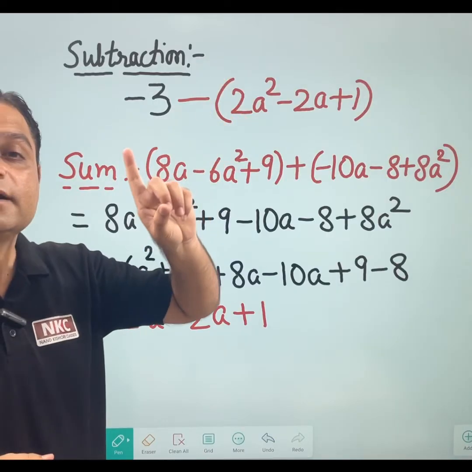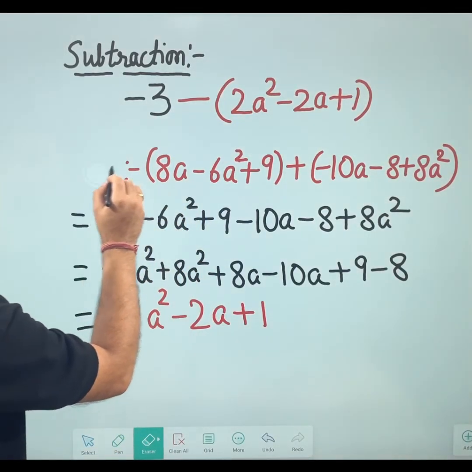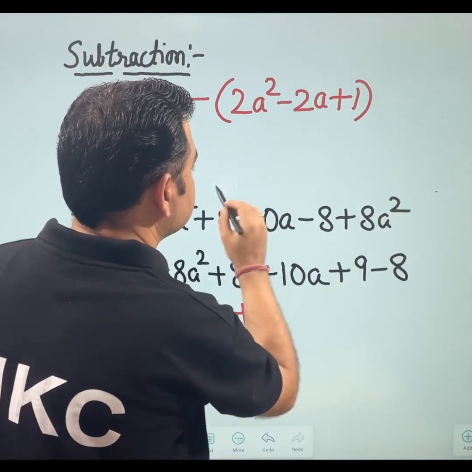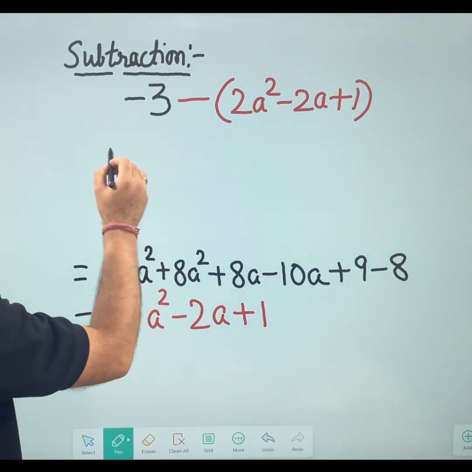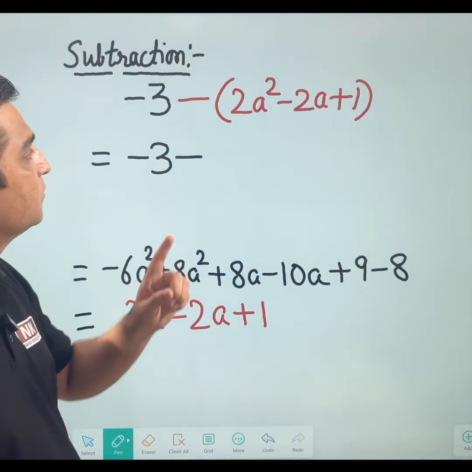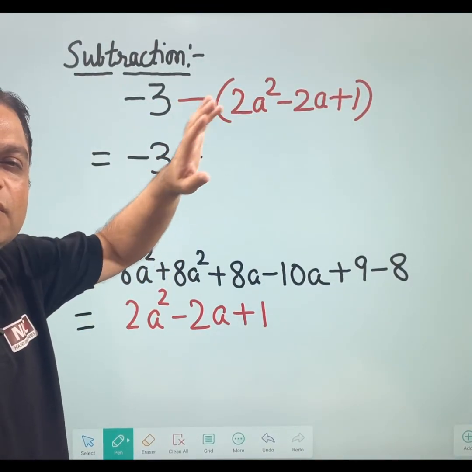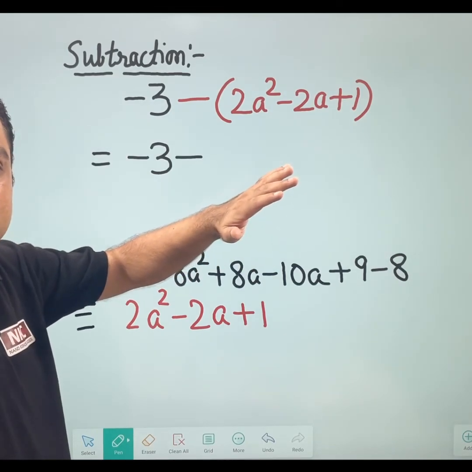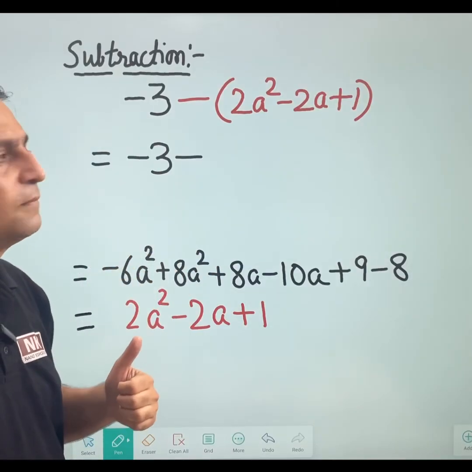This negative sign has importance here. I'm going to solve it. Please have a look very carefully. I'll keep minus 3, then minus, but because of this minus sign, all the signs within the bracket will change, because multiplication with a negative sign changes the signs.